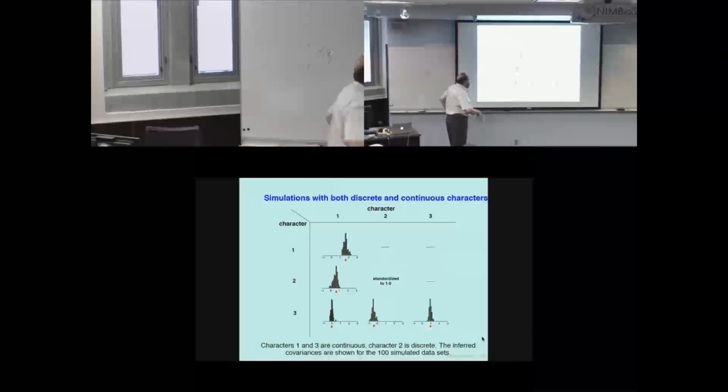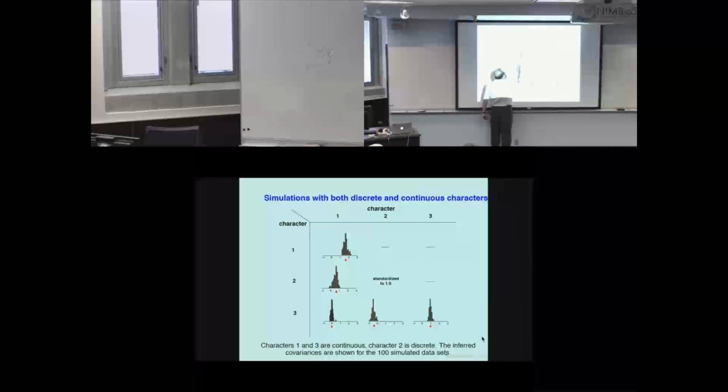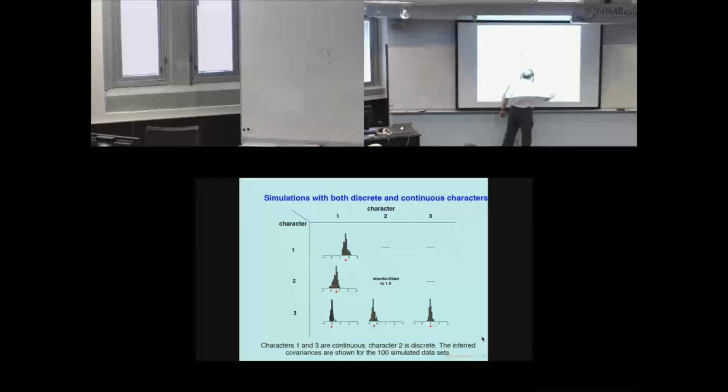They really are as noisy as the other ones. Here is the variance of character 1, the variance of character 3. I think another reason that they're narrow is that with continuous characters you get more information. You don't just get which side of the threshold you're on.